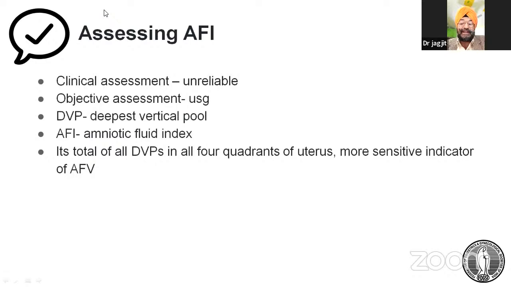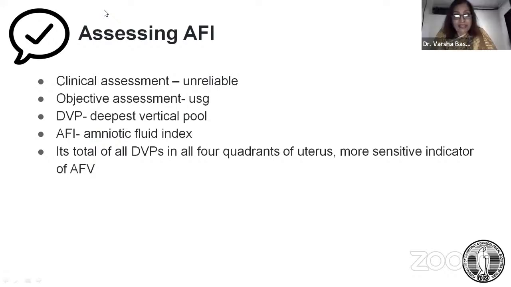It all depends upon the reporting, how we do it, as very beautifully put by Dr. Kuldeep. The ultrasound is the modality. Best is to start by 20 weeks, and it's mandatory. It's a guideline everywhere that every sonography assessment has to include amniotic fluid assessment.